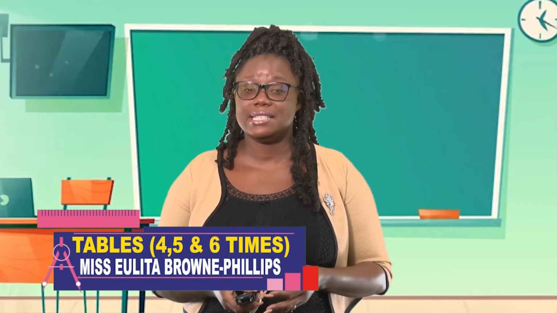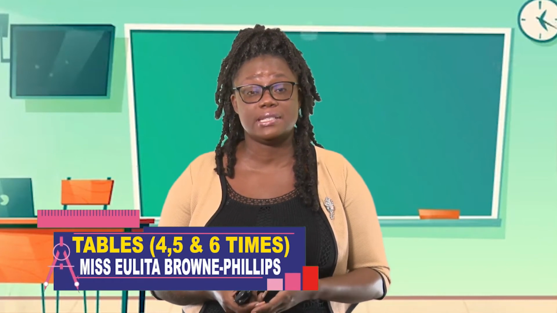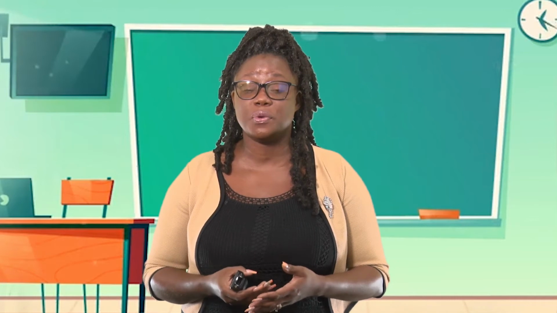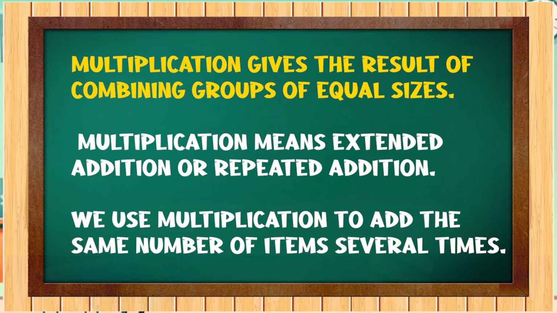We know that tables are very important in mathematics because it helps us to get our work done quickly. Multiplication gives the result of combining groups of equal sizes. Multiplication means extended addition or repeated addition.